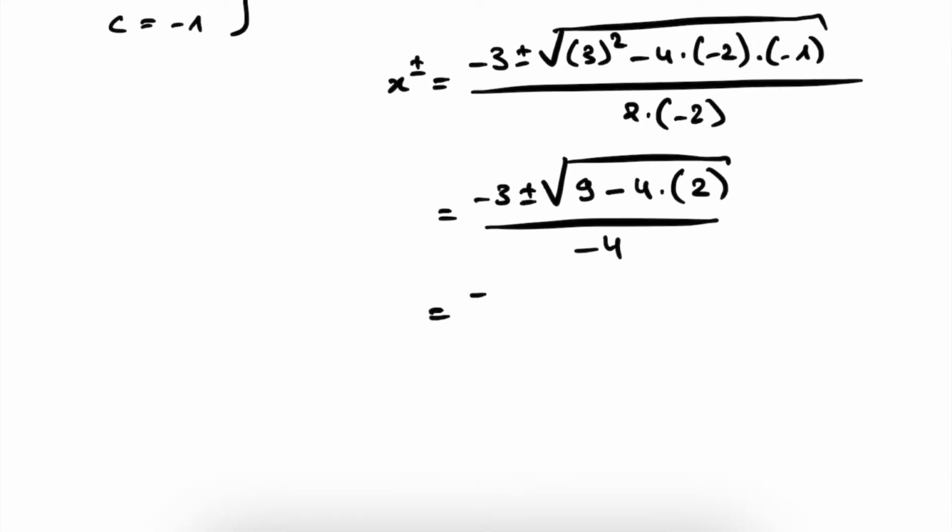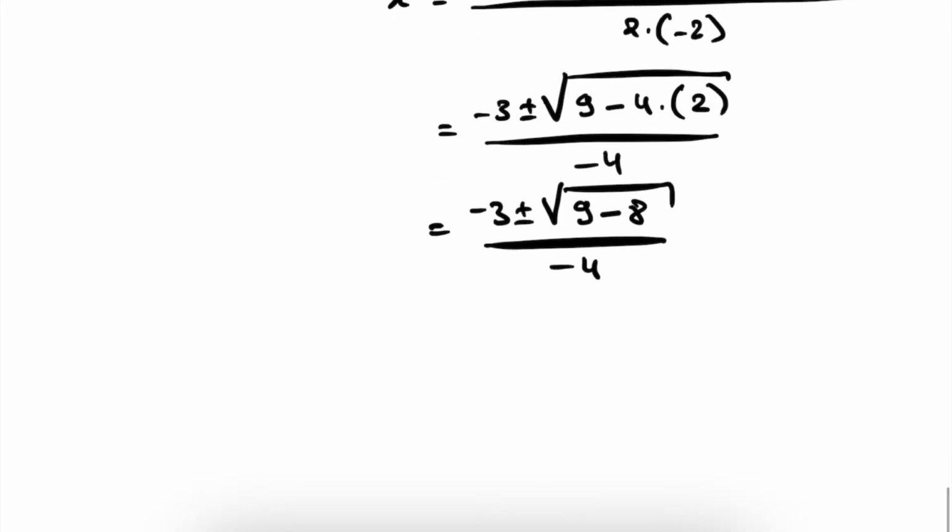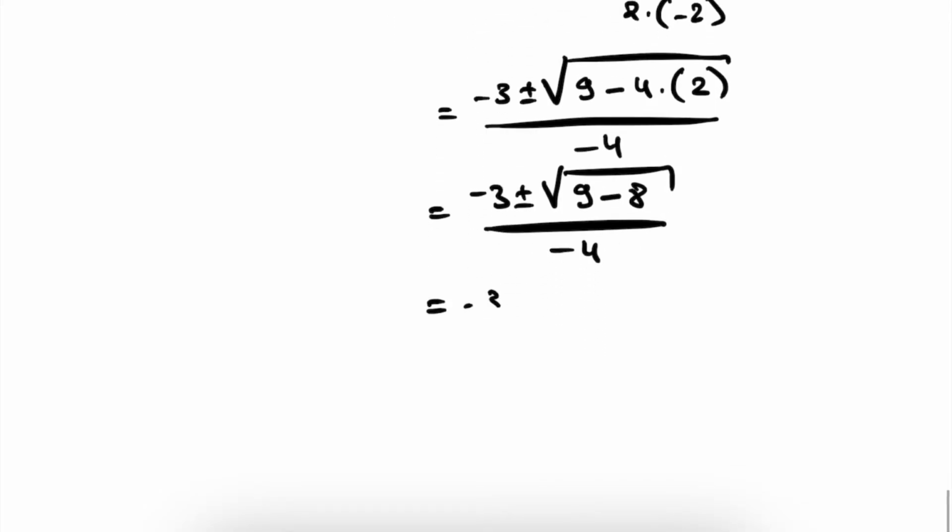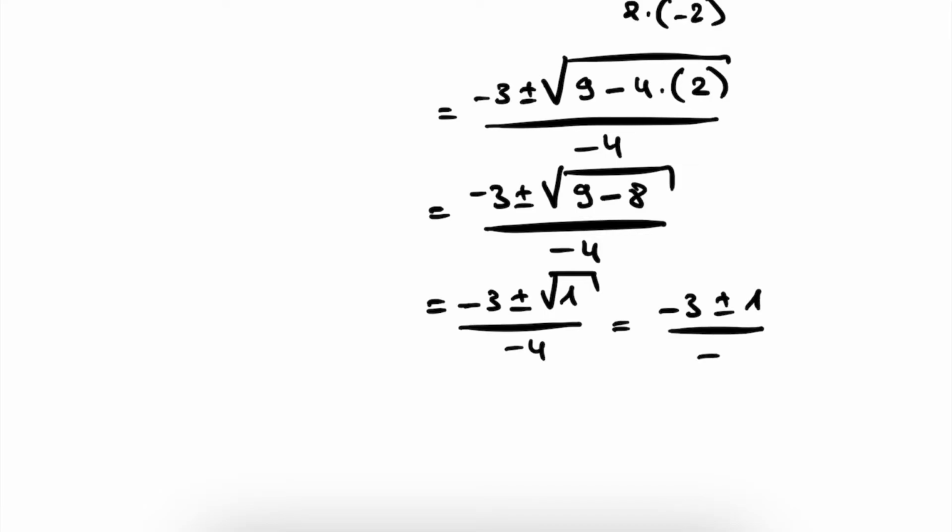This is equal to minus 3 plus minus the square root of 9 minus 8 divided by minus 4, which is minus 3 plus minus the square root of 1 divided by minus 4, which is equal to minus 3 plus minus 1 divided by minus 4.